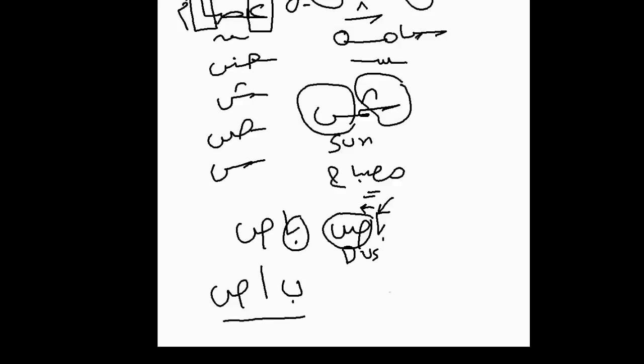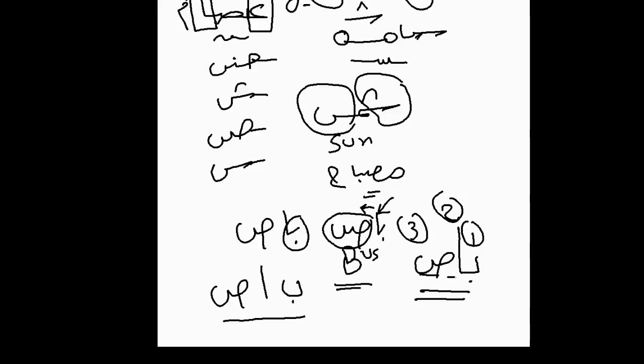So this is Bas, and when you put these letters together in order to form Bas, Ba will be like this, Alif will be like this because it's in the middle and it doesn't connect with the one after it, and then Sad just sits next to them like this, and that will be letter 1, letter 2, letter 3. Here you recognize Bas, and how to spell it: B-A-S, Bas. And these are the second section of the alphabet.